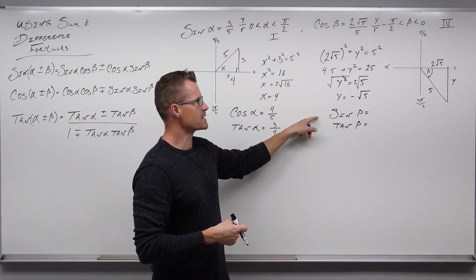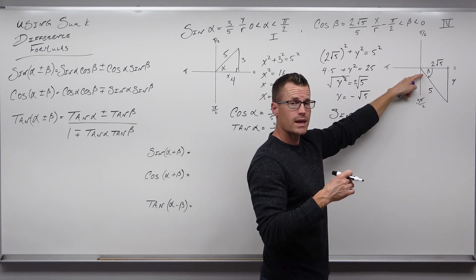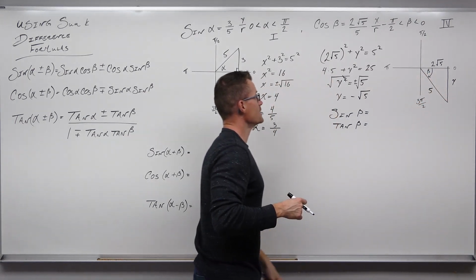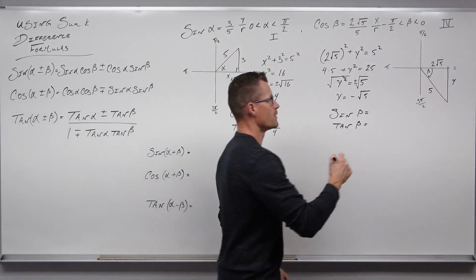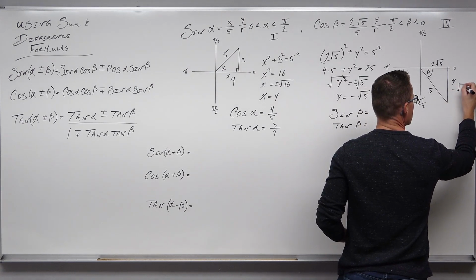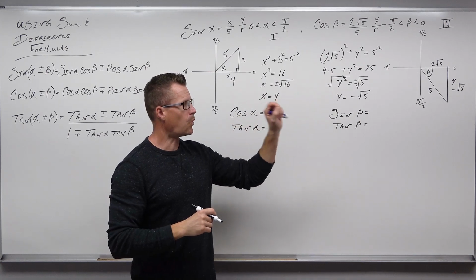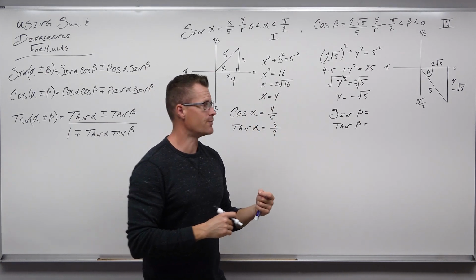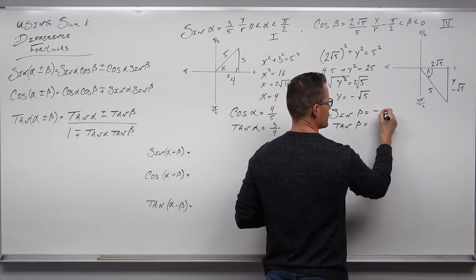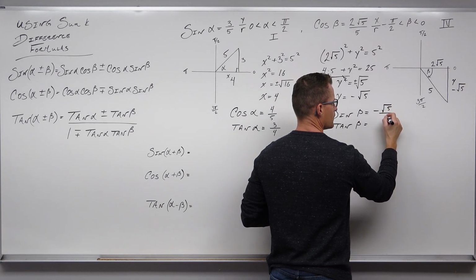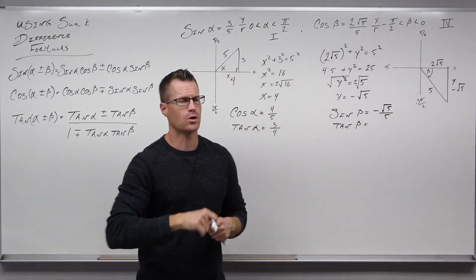So sine of beta: we already have beta. We now know that y is negative square root 5. Sine takes y over r, so square root 5 over 5, but negative because we're in quadrant 4.